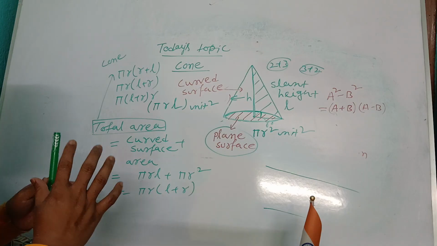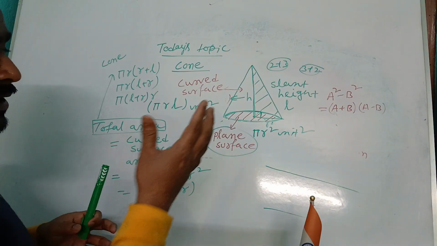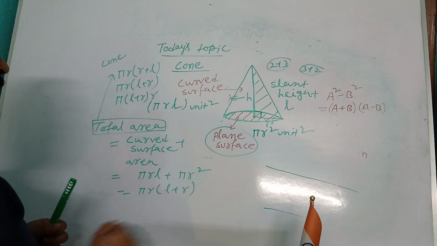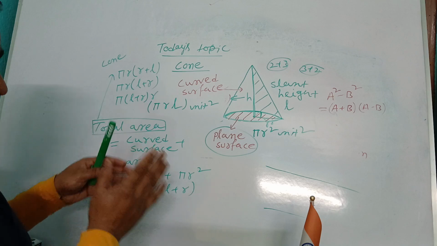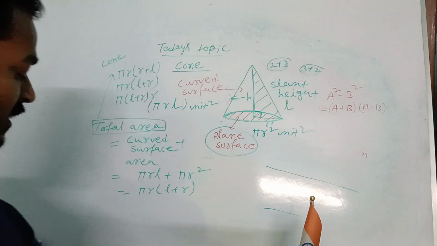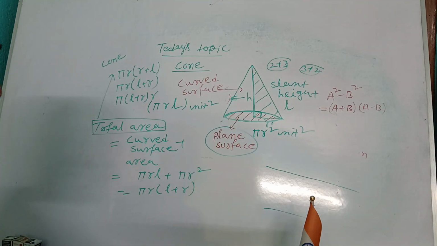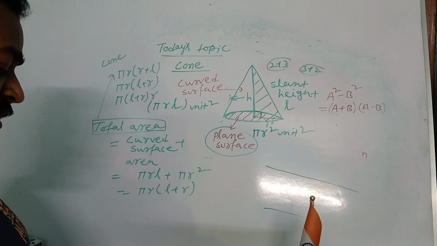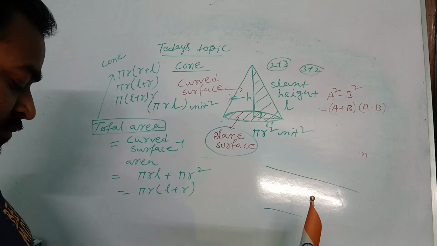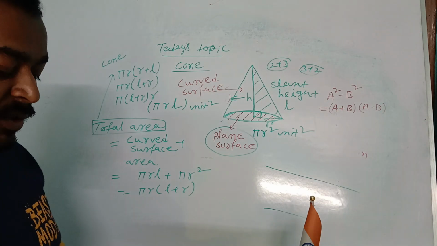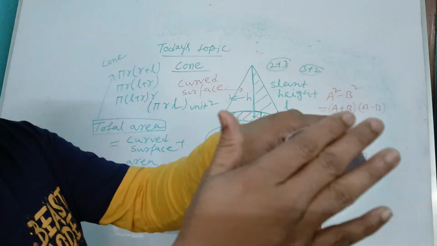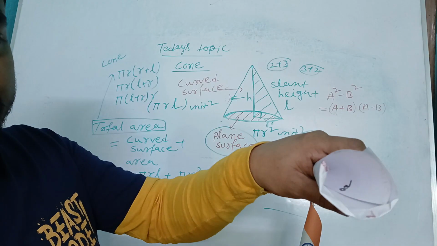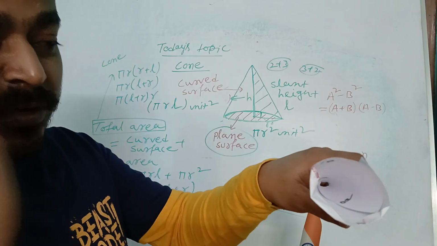Our target is to find the area and the volume. For example, if it is totally solid, just try to understand, then automatically you can see this surface; you can't ignore this part.